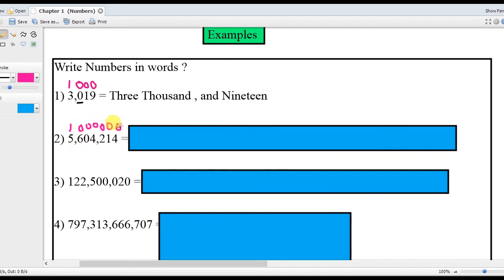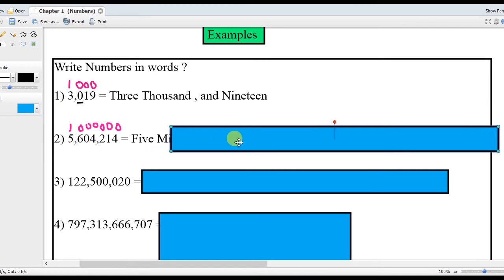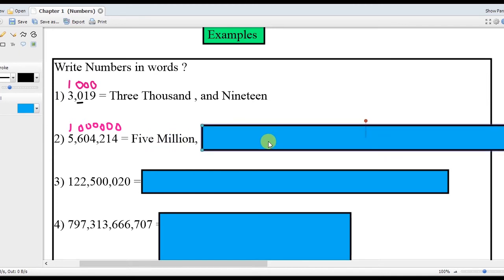There are 6 zeros. So what number will give you 6 zeros? That is a million, right? So this is 5 million. Okay, this is 5 million. Let's see. Yes, this is 5 million.